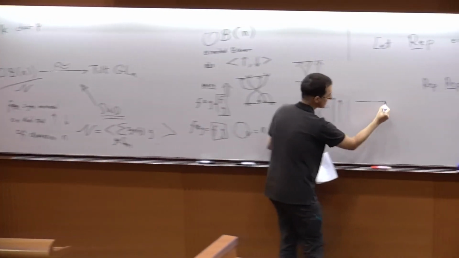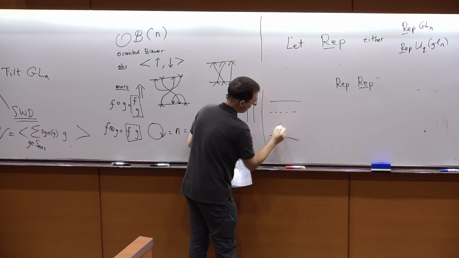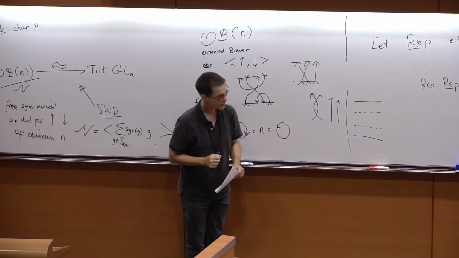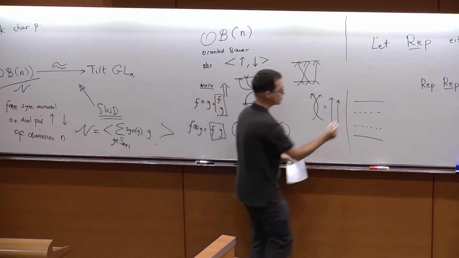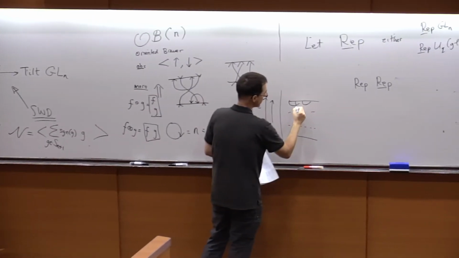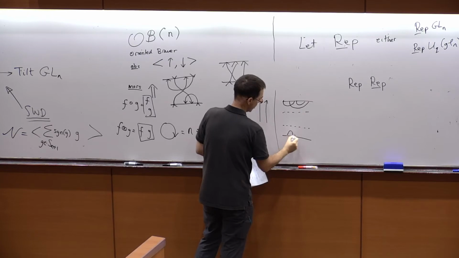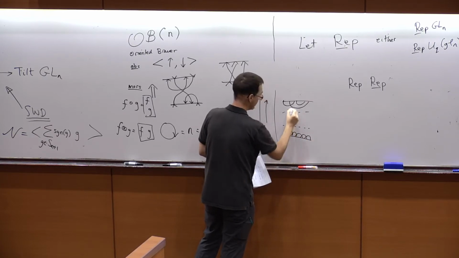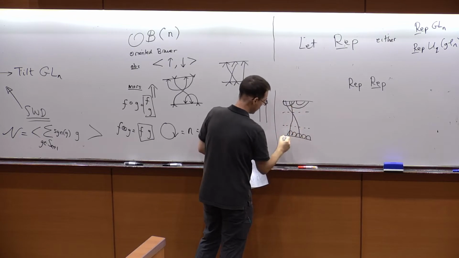You see, there's some very simple thing you can do. In all these diagrammatic categories, you can play this game. You can take one of these oriented Brauer diagrams, and you can draw it so that all the cups are kind of at the top, and all the caps, no, I got them wrong, cups and caps the wrong way around. It always happens to me, are at the bottom. And all the crossings are sort of in the middle.